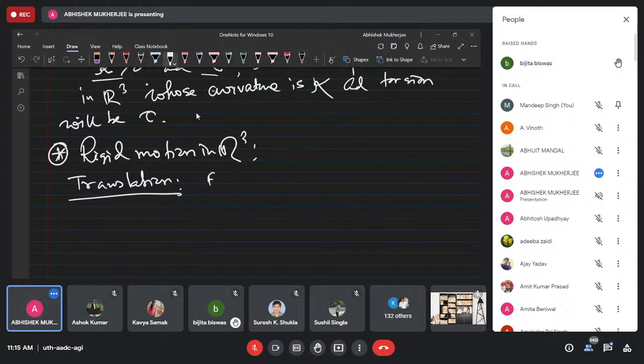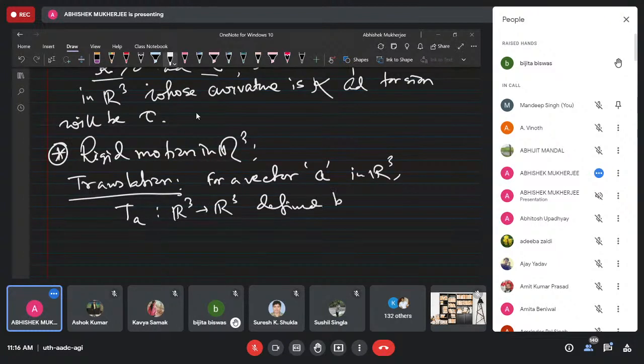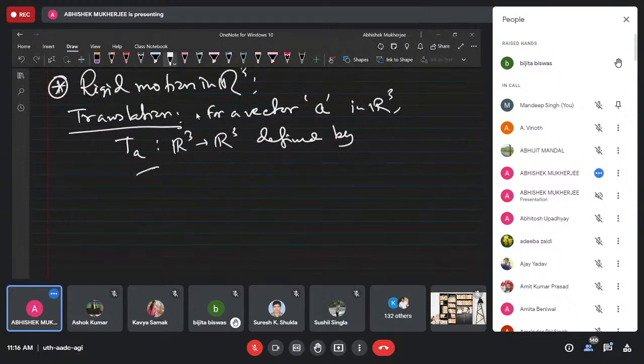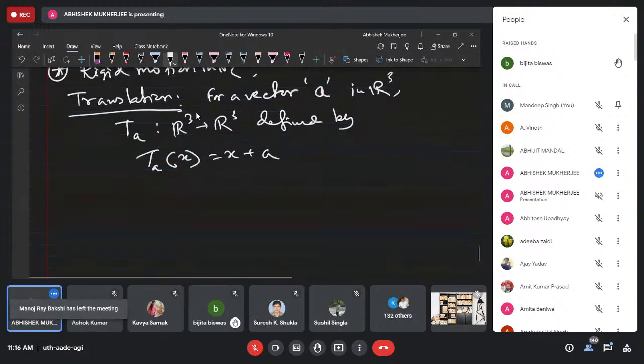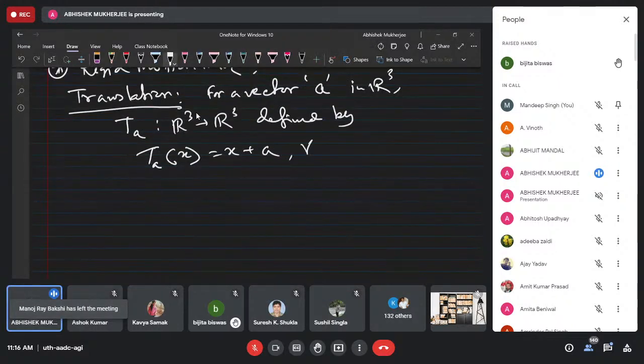So for a vector small a in R3, this map T suffix a from R3 to R3 is defined by T_a of x goes to x plus a, and this is called the translation by this vector a.